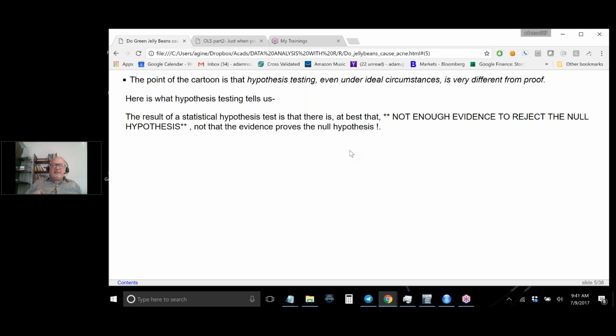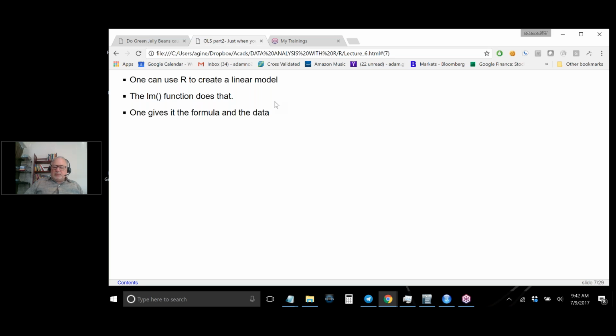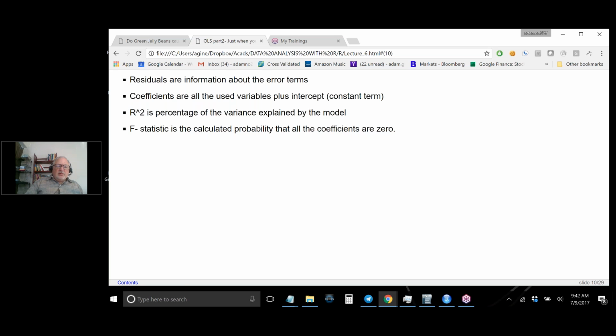It provided some evidence, but the causal link that is so vital in these things was not given by that study. The study just suggested it. So in that case, there was enough evidence to reject the null hypothesis. Now, back to OLS, I just want to quickly show you.